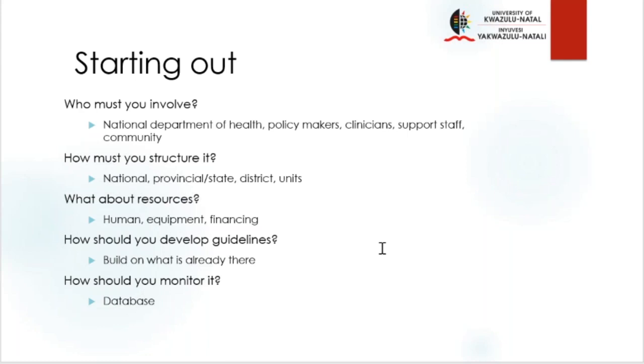What resources do you have, especially financing and human resources, to develop your program? How should you develop your guideline? Starting out with what is already there in the rest of the world and building on that. And then you must decide how you're going to monitor it, because it's no use trying to have a program and not monitor what you're doing.